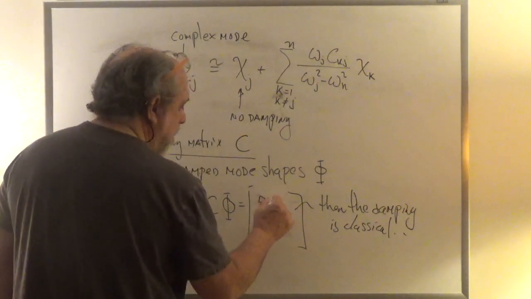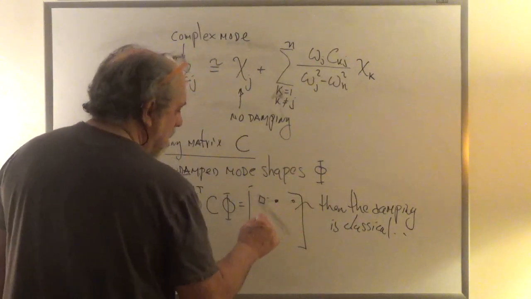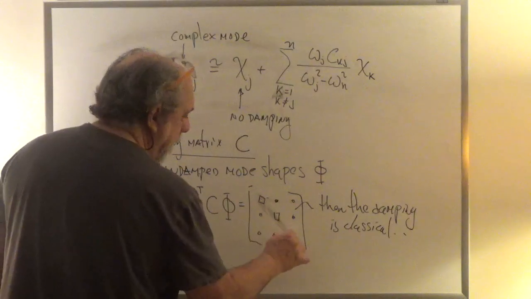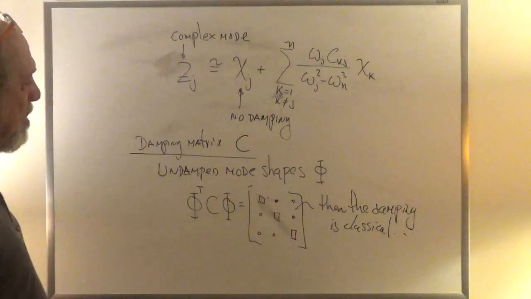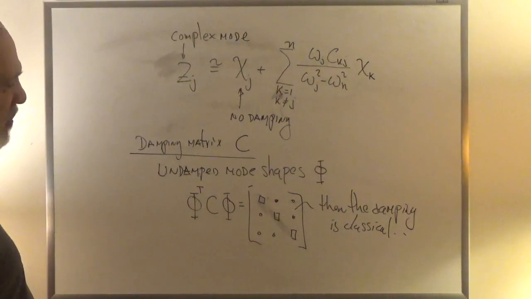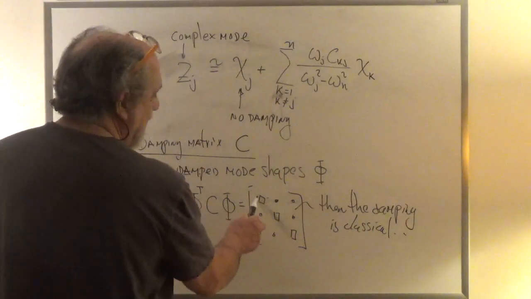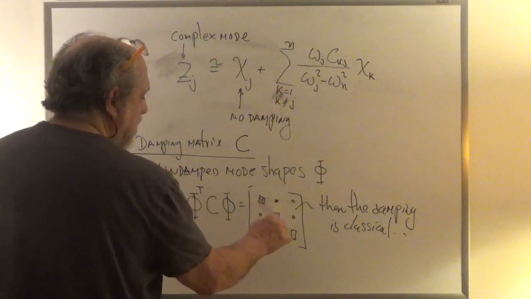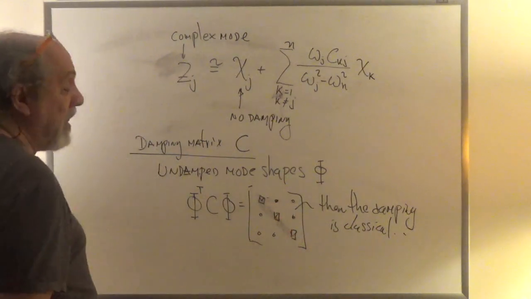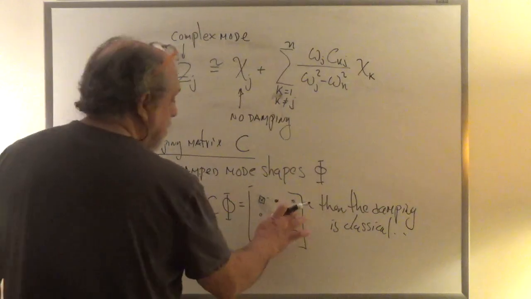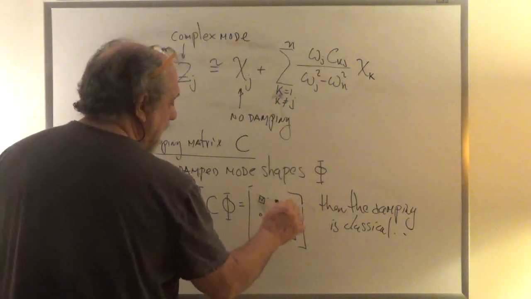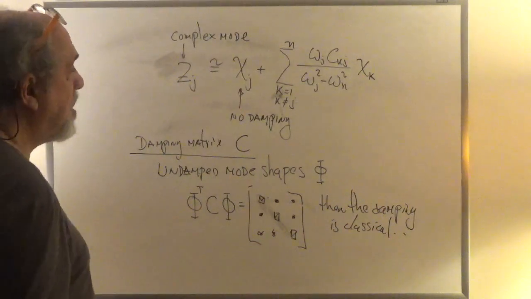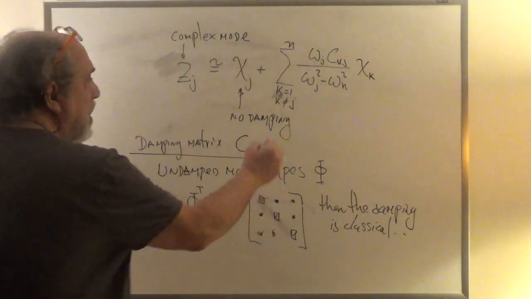So if I have a damping matrix of a 3 degree of freedom system, if the damping was classical, once I do phi transpose C phi, I would only have numbers on the diagonal. If the damping is not classical, then there would also be numbers outside. The numbers that are outside when I do this are these.